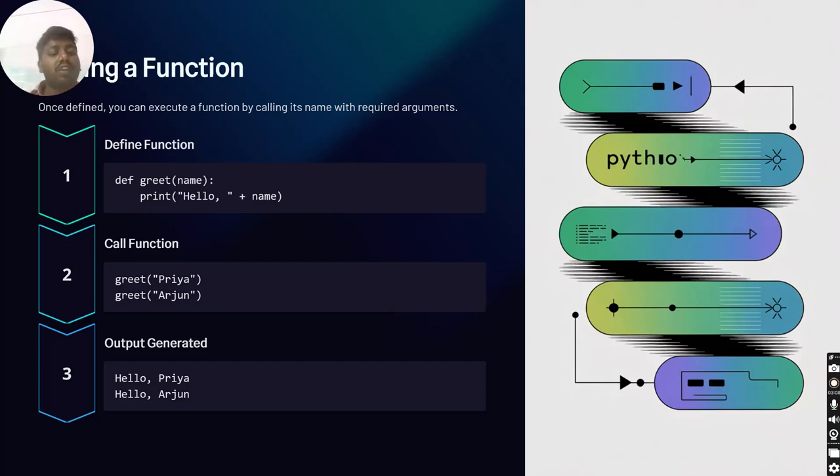When it comes to greet of Priya, it directly goes into the function and prints hello Priya, because the parameter value is initialized with the actual argument value Priya. Similarly, it performs the same function for greet of Arjun and generates hello Arjun.